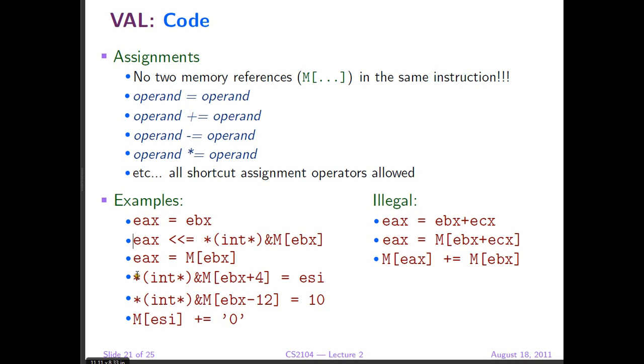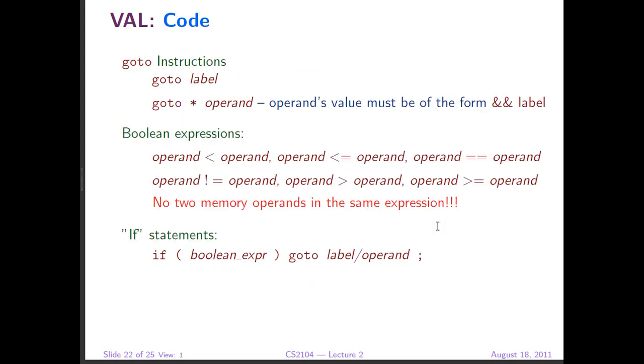We can place an integer in memory. We can add some address. We can place an integer, 10, in memory. We can add the digit 0 to a memory element. These are illegal. As soon as we have 3 addresses, we get illegal instructions. So again, this is a restriction. Only a limited types of assignments are allowed.